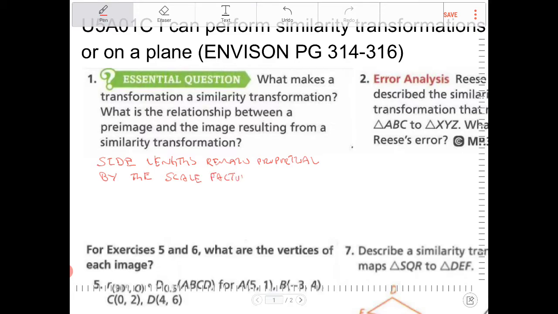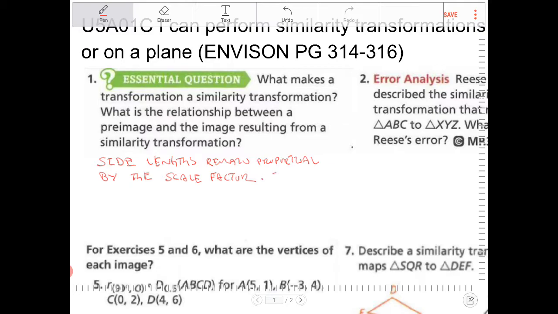So if we're transforming by a scale factor of 2, then all the side lengths in the image will be a factor of 2 longer than the pre-image. Side lengths remain proportional by the scale factor.